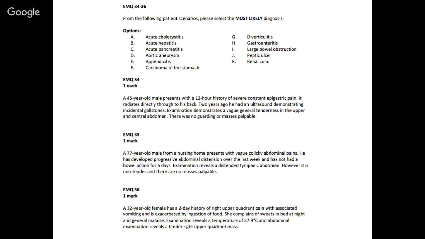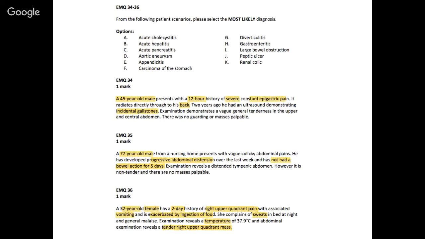Question, the first one, or question 34. C? Yep, I'd agree. The next one, are we still going? Okay, I'll help you out. Oh, I don't think I put the answers. I'm going to highlight the keywords. Wouldn't that be great if you had that in the exam?